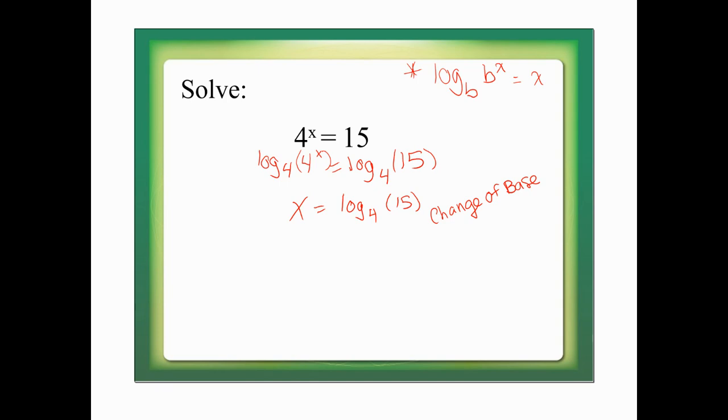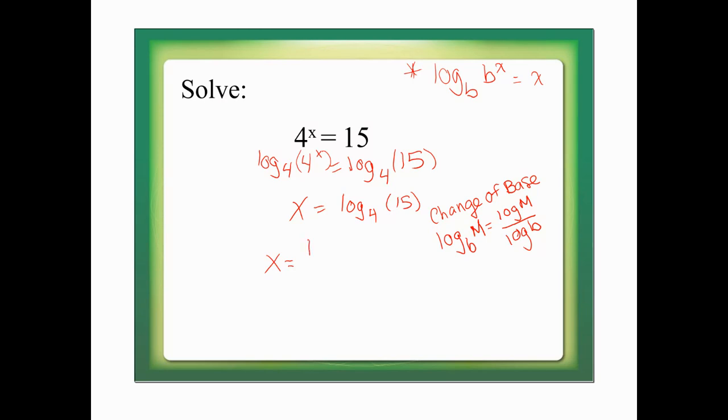Our change of base formula, as you may recall from our last video, is log base b of m equals log of m over log of b. And you could also do natural log. So to evaluate, I get x equals, now this is your exact answer, log with base 4 of 15.